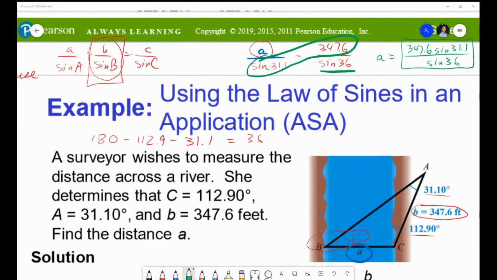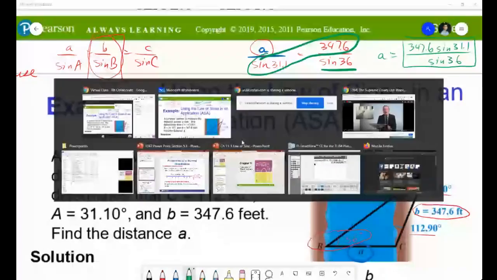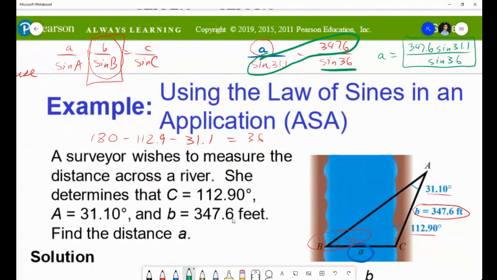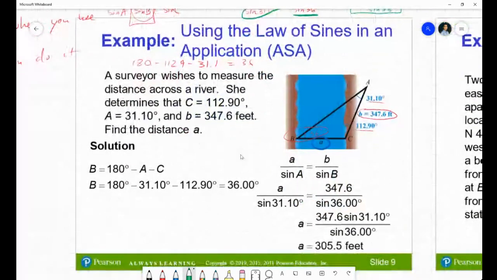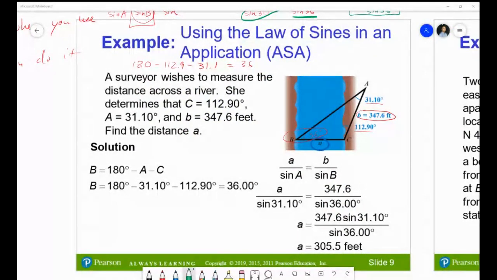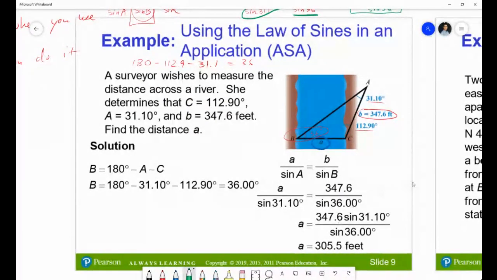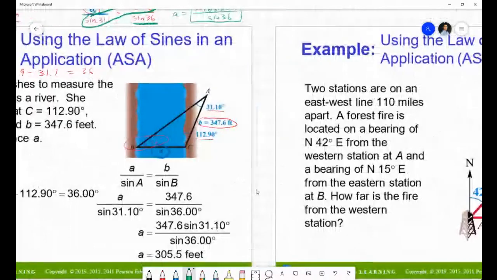To the 100th, so 2 decimal places. Normally we only round to 1 because we only have 1 here, but I just want to see what you guys got. So do we get 305.5? All right, very good. 305.46, that's good. Excellent.